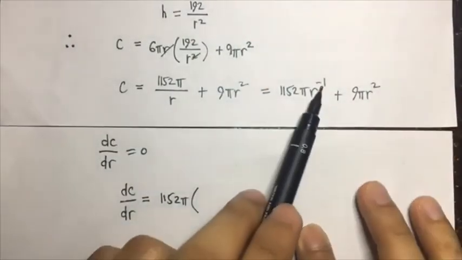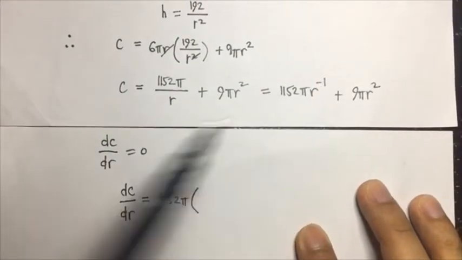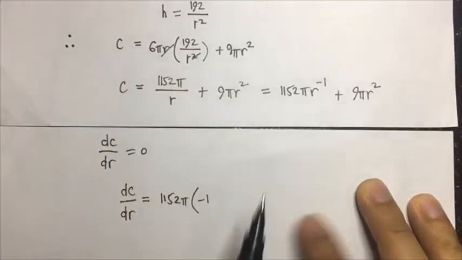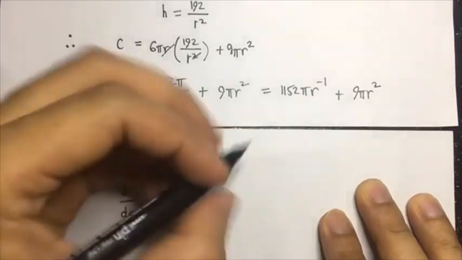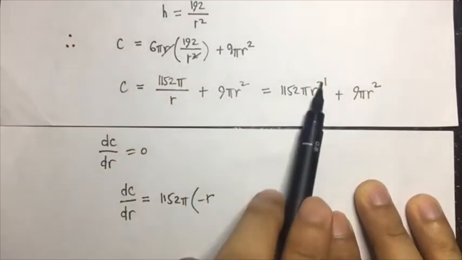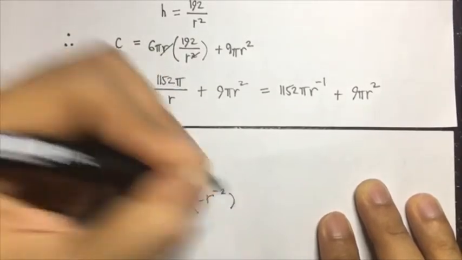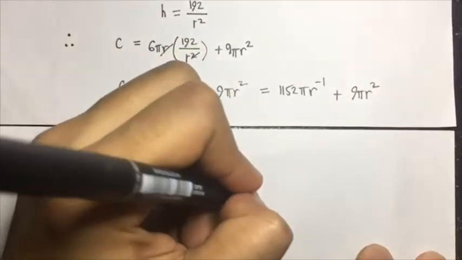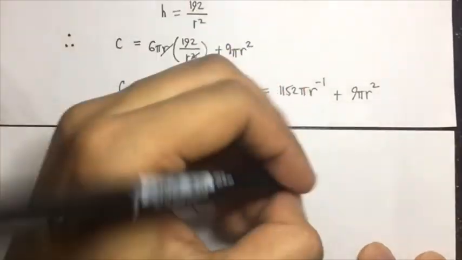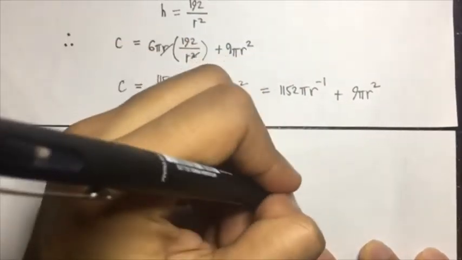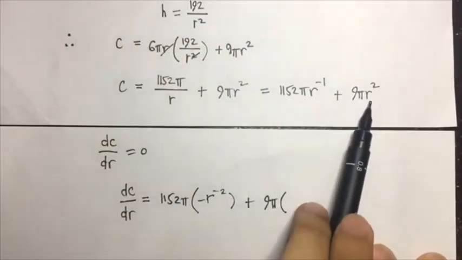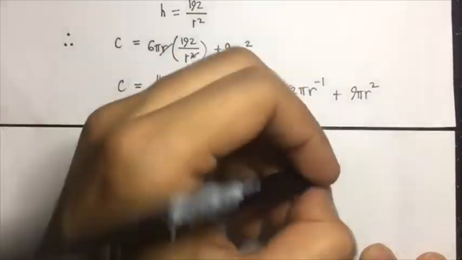Okay, so deriving that, we will have negative 1 multiplied by r raised to negative 1 minus 1, so that is negative 2. Plus, deriving this, 9 pi, the numerical coefficient, multiplied by the derivative of r squared, so that is 2r.